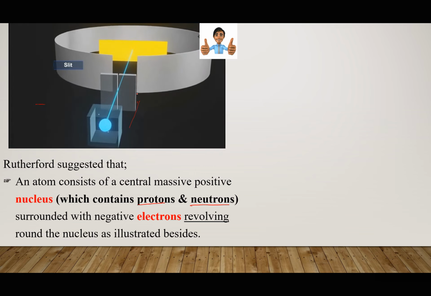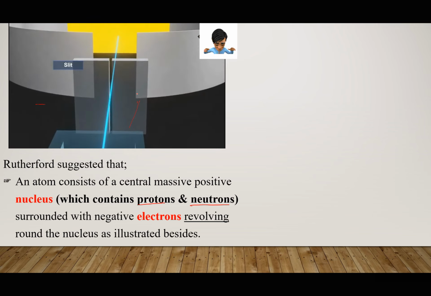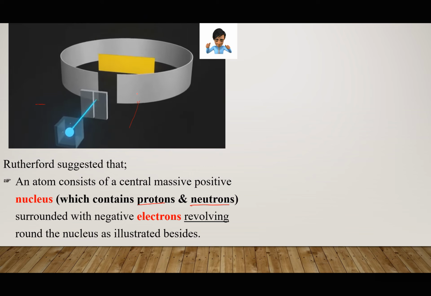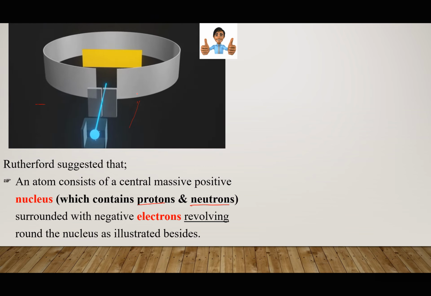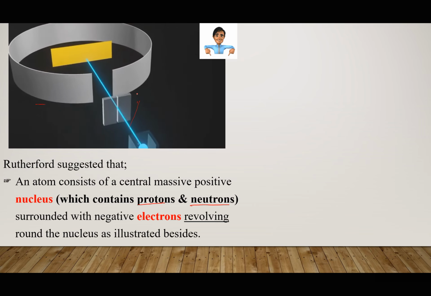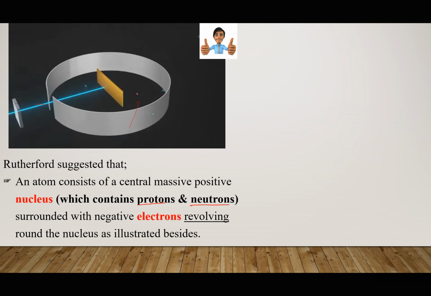So in this animation here, when alpha particles are directed into a thin gold foil, we see that most of them go straight through. Just a few alpha particles are reflected back, or deflected through large angles.